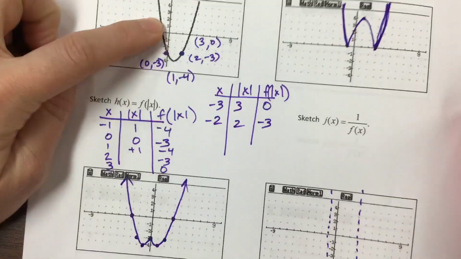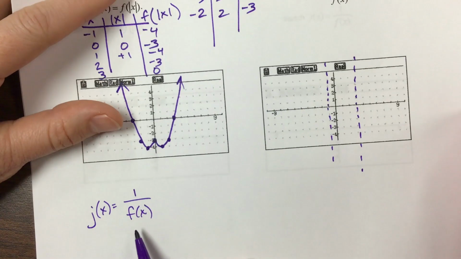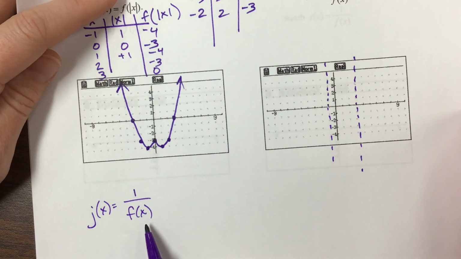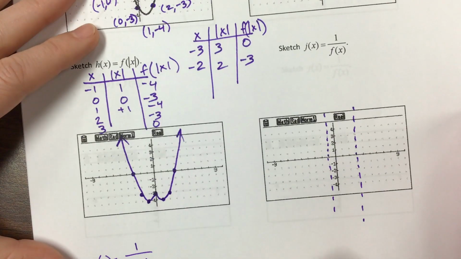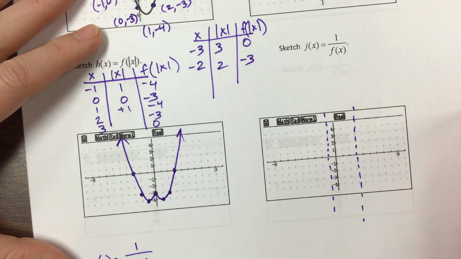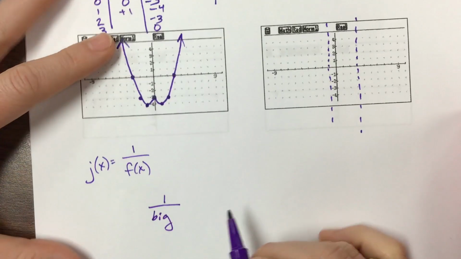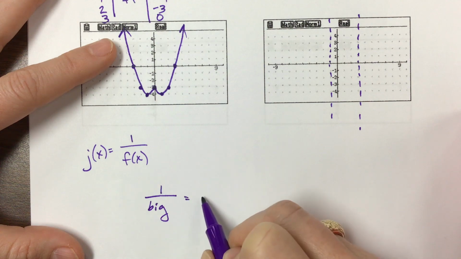If I try and say f of -1, f of -1 is 0. 1 divided by 0 is no good. Okay, and so then as we continue, we think about, well, 1 divided by something that's really big, this gets really small.